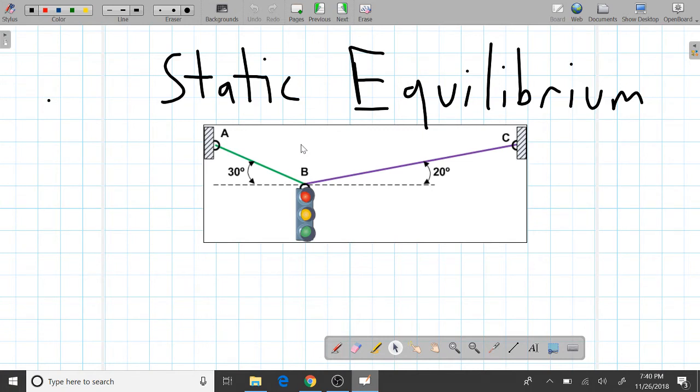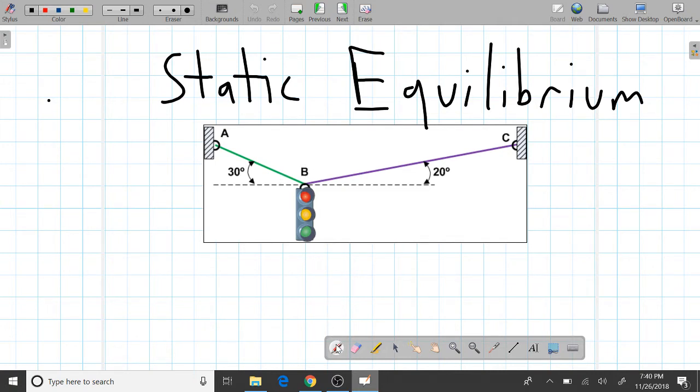Okay, so for example, consider this traffic light here. This traffic light is hanging from 2 wire cables, and as the traffic light just sits there, it's obviously at rest, so it's not accelerating, meaning it's in static equilibrium.